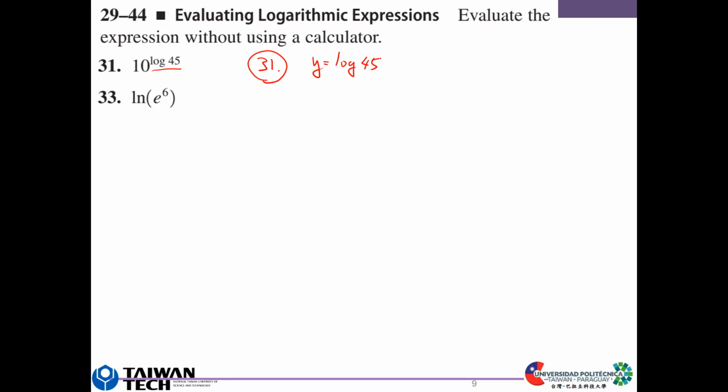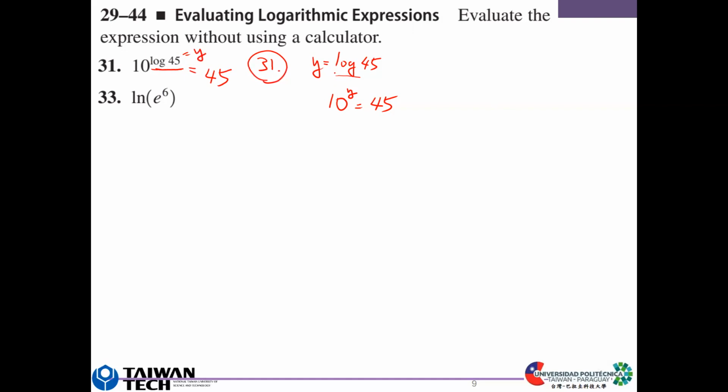It means we use the base, which is 10 because it doesn't say, and then the output of the log function is the exponent: 10 to the power of y equals 45. So this is y. The answer of problem 31 is 45. Okay, so this is the definition of a log function.